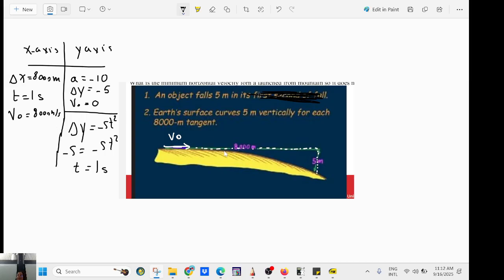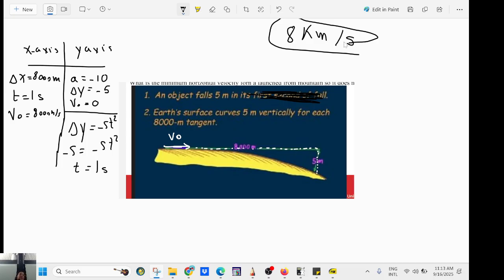It just means that if you launch your projectile at a speed of 8,000 meters per second, the projectile is going to fall by 5 meters every second. So it's going to fall at the same rate as the Earth is falling. So if you want to have a projectile in orbit around the Earth, the minimum speed should be 8 kilometers per second.